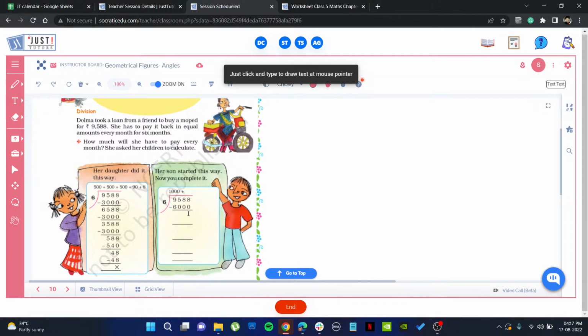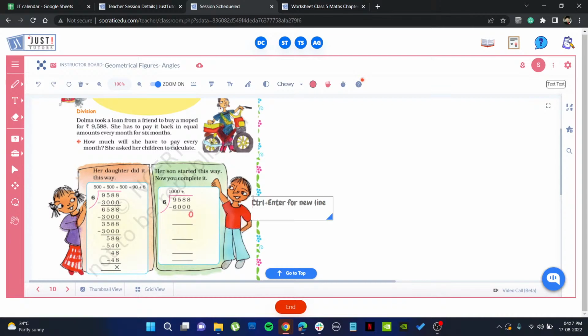If we take away 0 from 8, we will get 8. Again 0 is being subtracted from 8, here we will get 8. And if we take away 0 from 5, we will get 5. And if we take away 6 from 9, we will get 3.